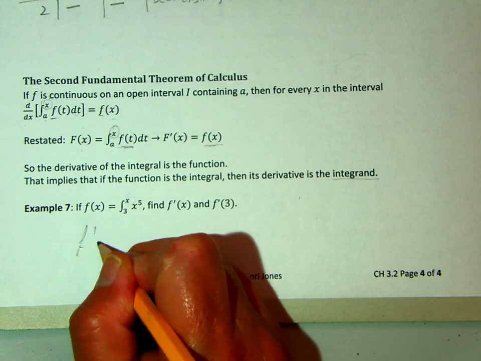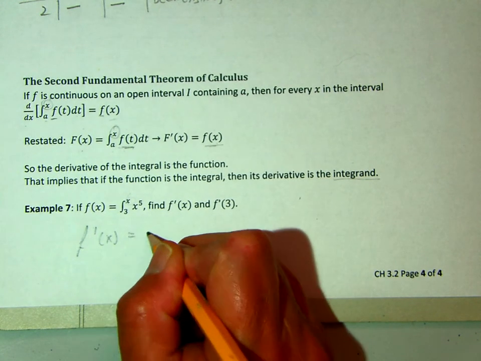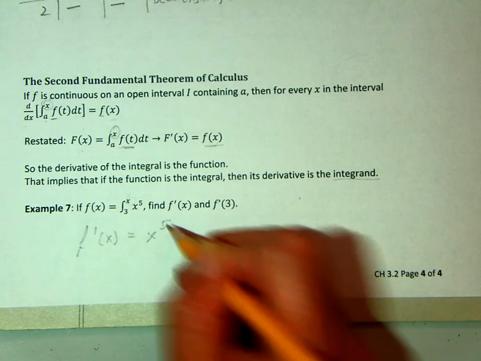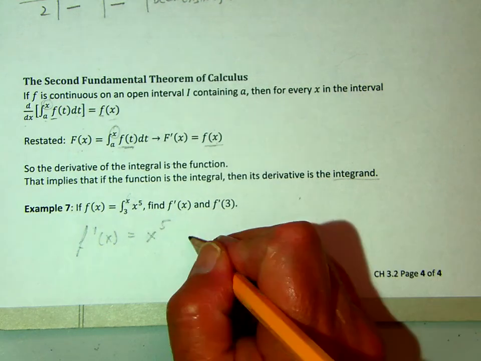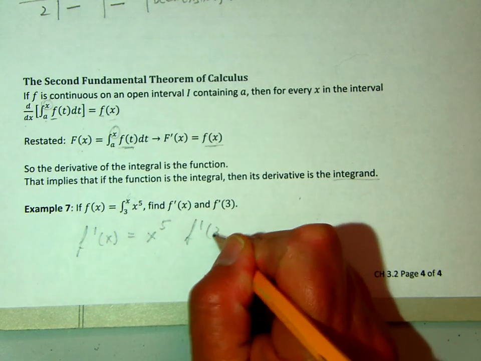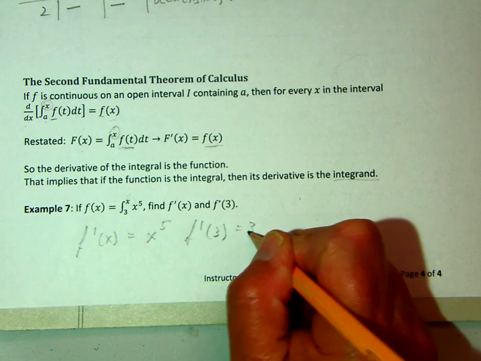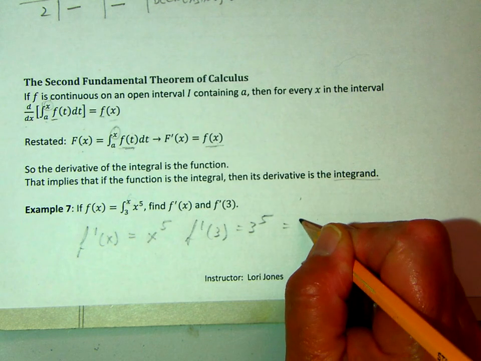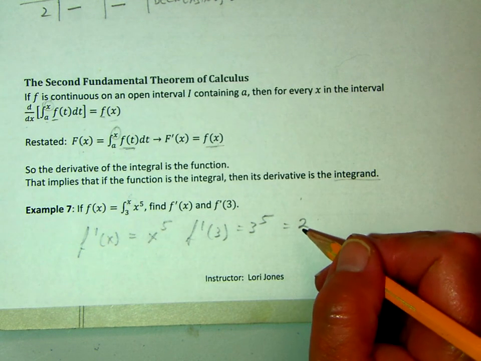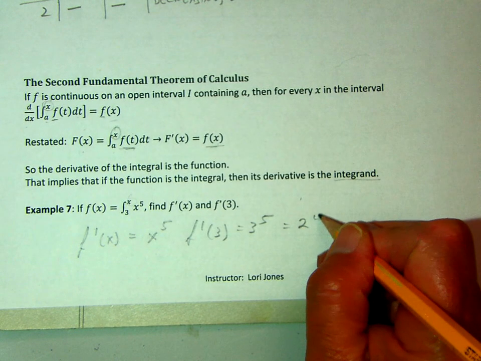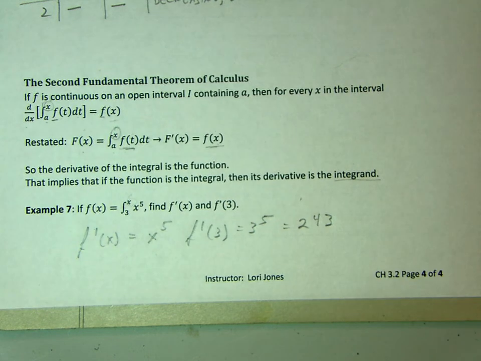So f prime of x is x to the fifth, and f prime of 3 would be 3 to the fifth. So I believe that is 243. All right. That's the end of section 3.2.